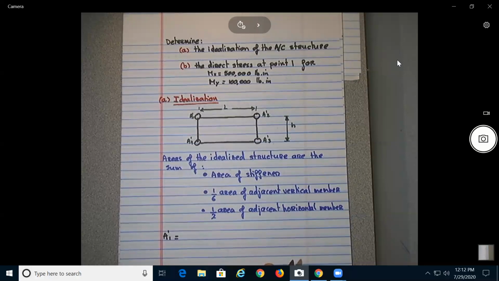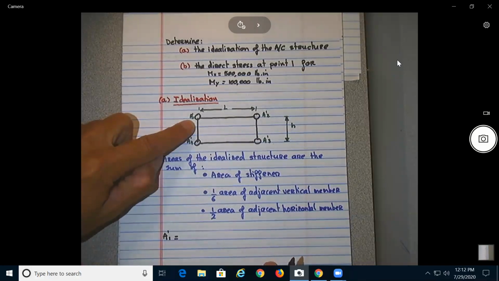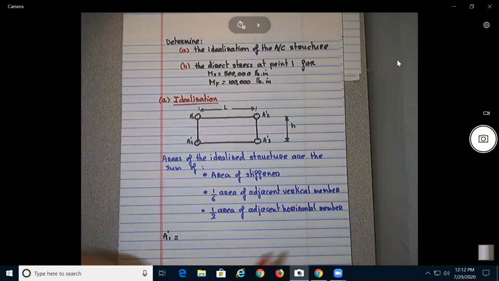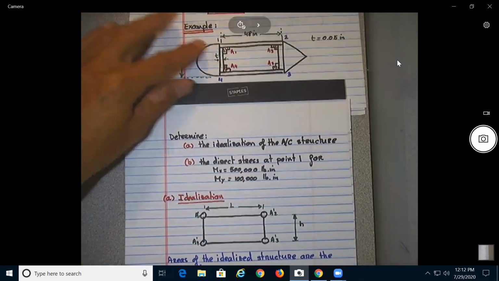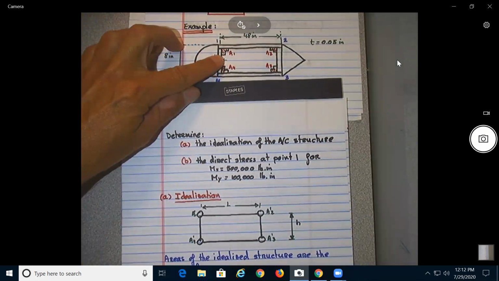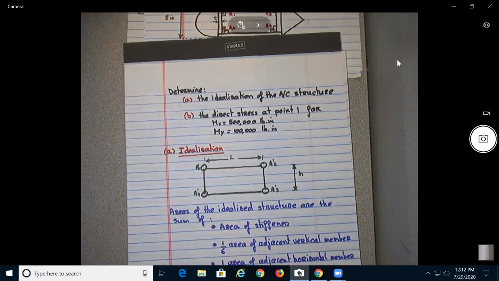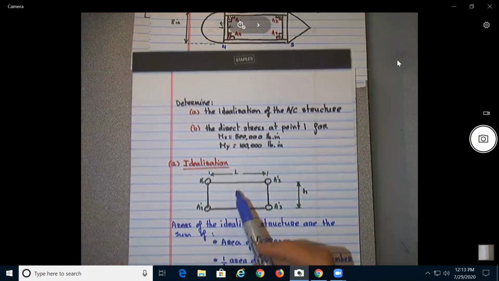if we do A prime 1, A prime 1 will be equal to what? If we don't look at the idealized, will be equal to A1. The little area over here, so will be equal to A1 plus what? 1/6 of the area of the vertical member. What is the area of this vertical member?